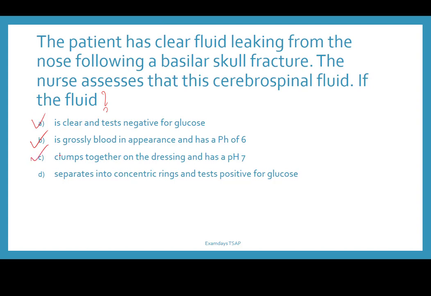Option C, clumps together on the dressing, has a pH value of 7. Option D, separates into concentric rings and tests positive for glucose. The correct answer is option D, separates into concentric rings and tests positive for glucose.